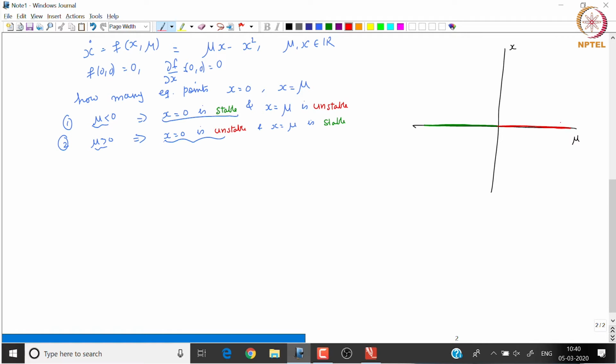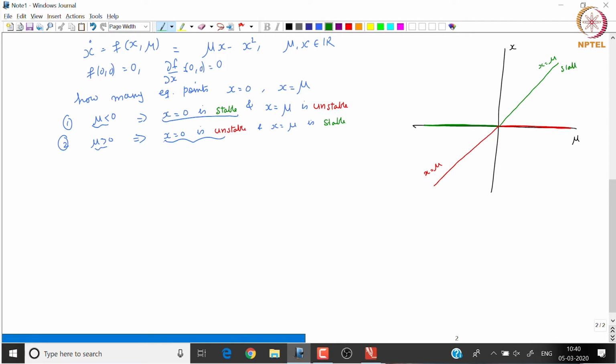Okay, and then you have the line x equal to mu, right. So how does this look like? X equal to mu when mu is less than 0 is unstable. So I am just in this region. This is the line x equal to mu. Okay, and the same line, x equal to mu, for positive values of mu is a stable line. This is again x equal to mu.